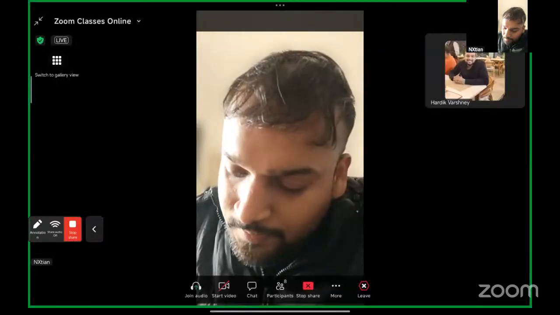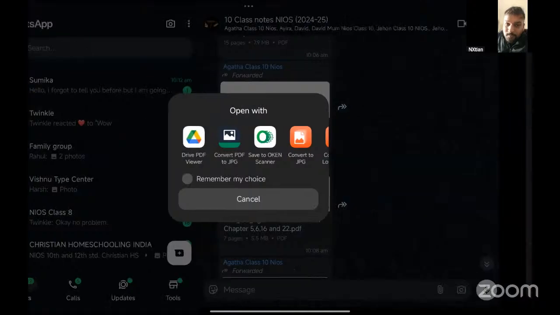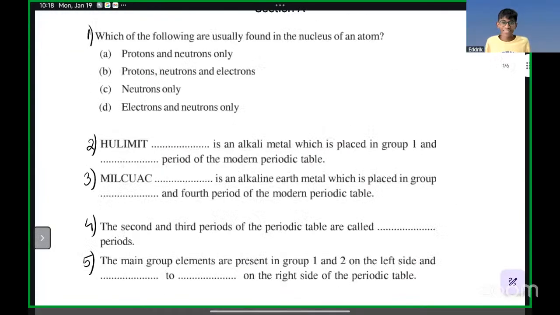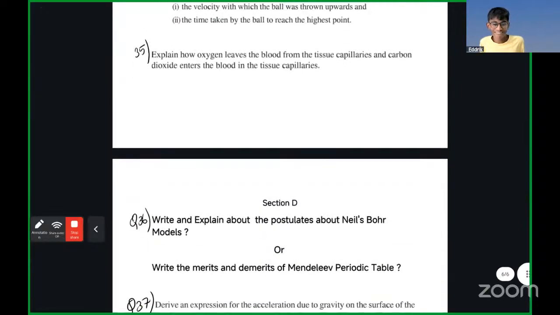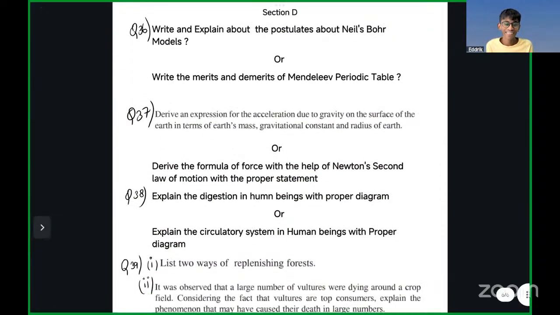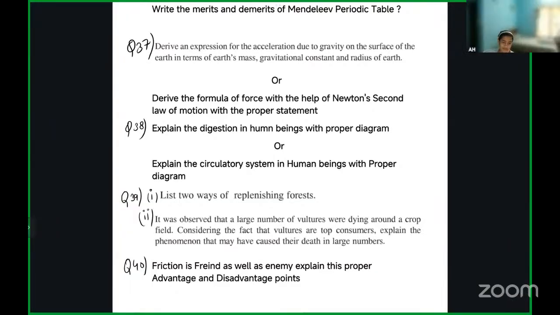Okay, this one. Now check the 39th question. This doesn't have "or", right? But here there are 1 and 2, right? Only if there's an "or" are we supposed to solve just one. Isn't that right? Yeah.